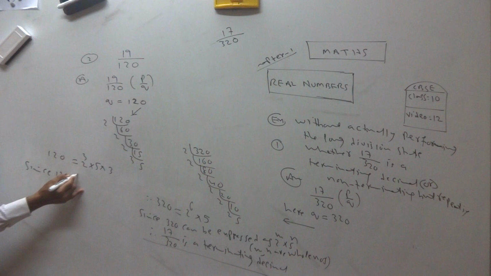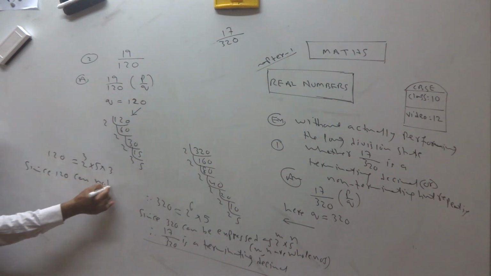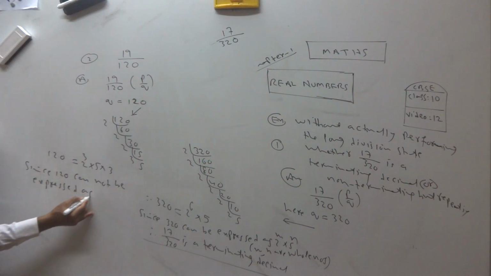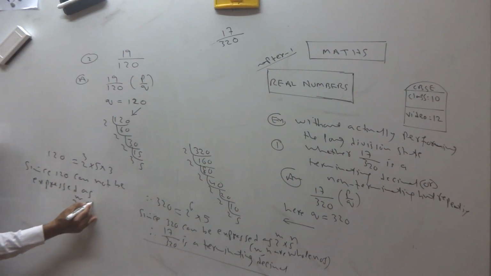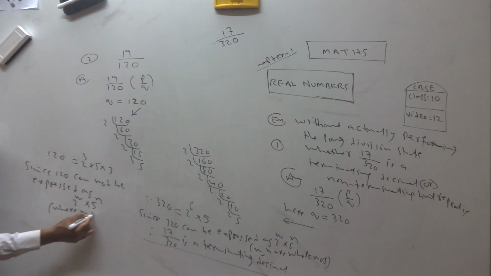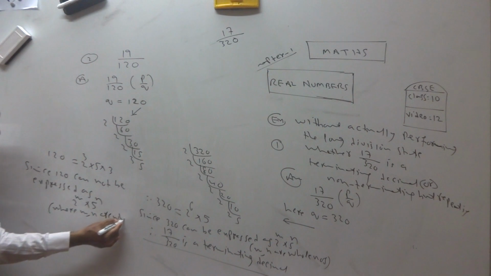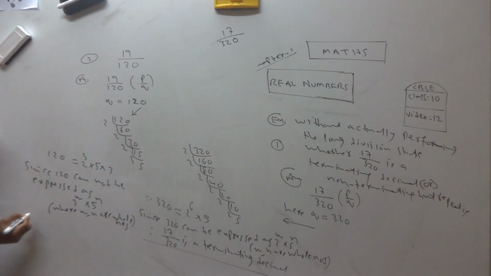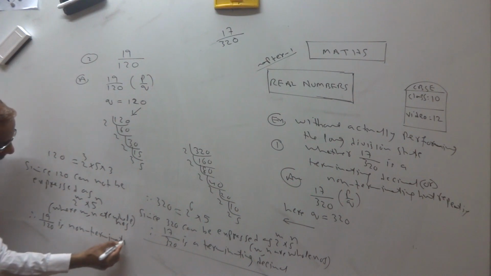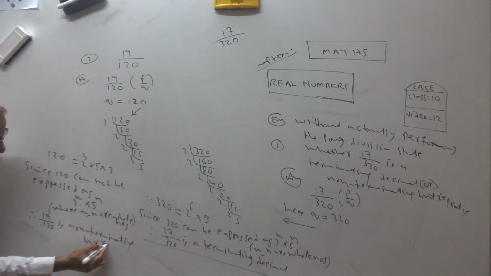Since 120 cannot be expressed as 2 raised to m, 5 raised to n, where m, n are whole numbers, therefore 19 by 120 is non-terminating but repeating. Okay, so this is the answer.